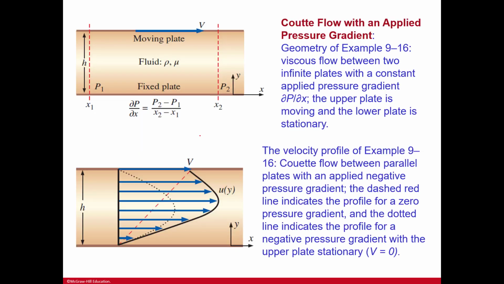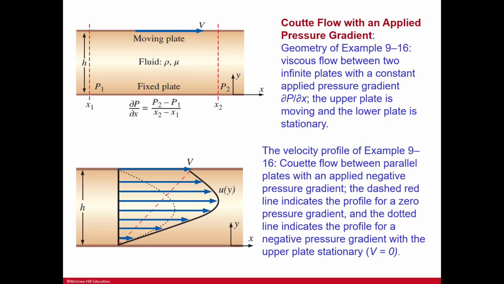The Couette flow with an applied pressure gradient. And so here, viscous flow between two infinite plates with a constant applied pressure gradient. The upper plate is moving, the lower plate is stationary, so same dynamics, but just with that applied pressure gradient. And then here the velocity profile, Couette flow between parallel plates with an applied negative pressure gradient.